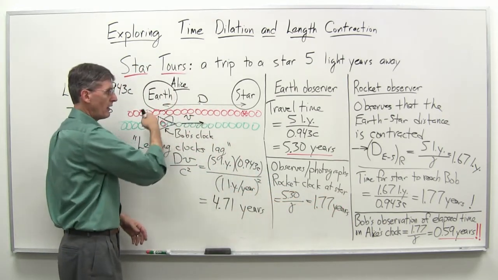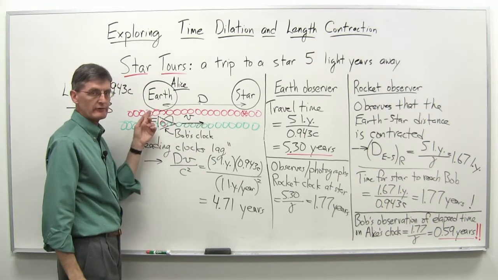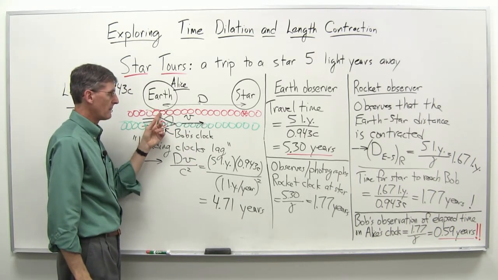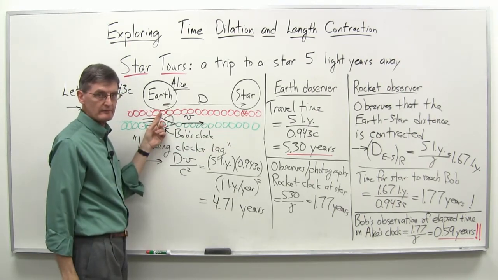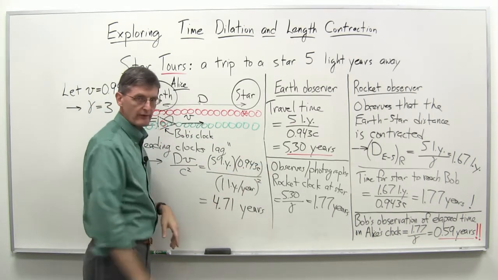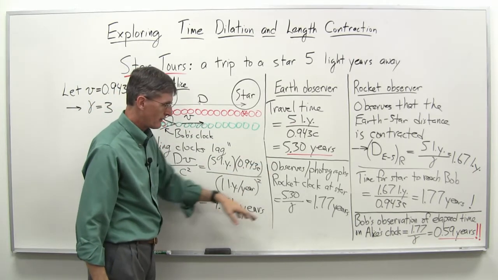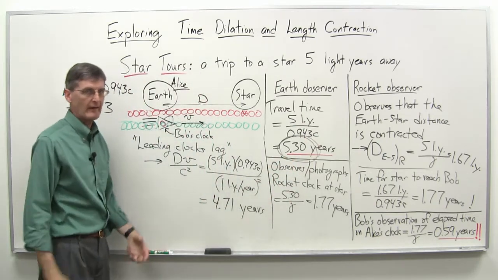So as they're going by, he's watching them tick off, and he sees them tick off 0.59 years. And it reaches here, but this clock started 4.71 years ahead. And so 4.71 plus 0.59 years is 5.3. And it all hangs together.